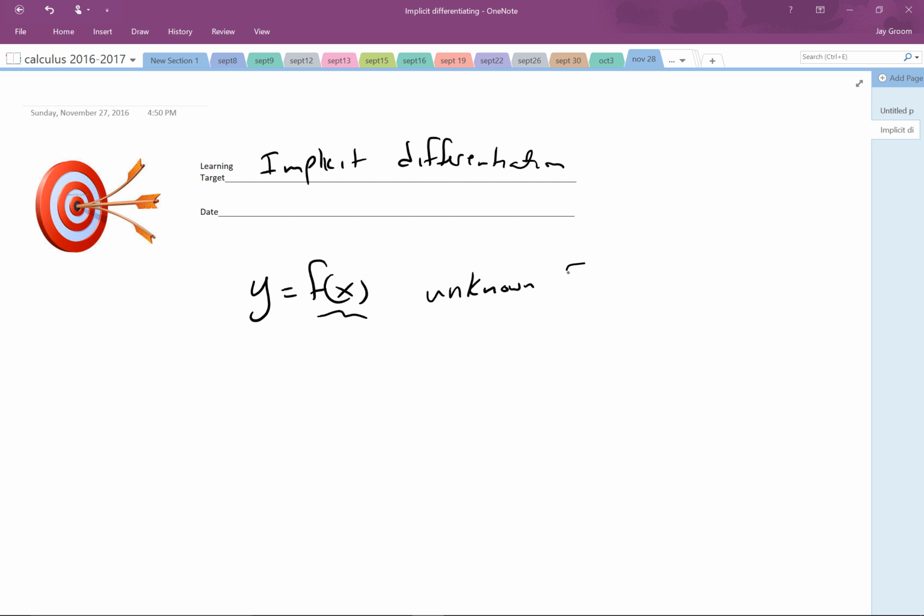So f of x is unknown. Well, that's weird, because how am I taking a derivative if I don't know what it is? Exactly. So what we're going to do is we're going to say, well, y prime is dy dx. We're going to use that terminology. And we're going to algebraically solve for what this change is. Okay, and it's a lot easier than it sounds.